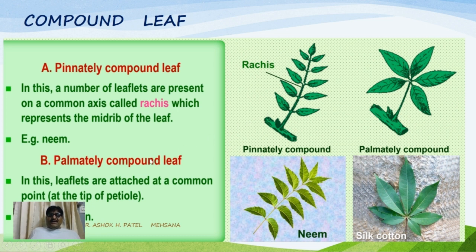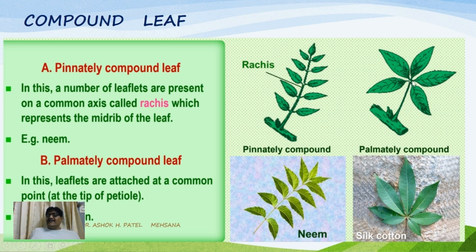It is called pinnately compound leaf. In the palmately compound leaf, just like the palm of our hands, the leaflets are attached at a common point at the tip of the petiole. So here that is the petiole, right?